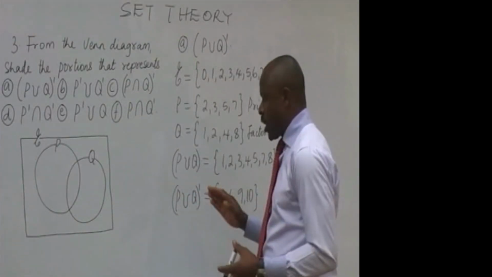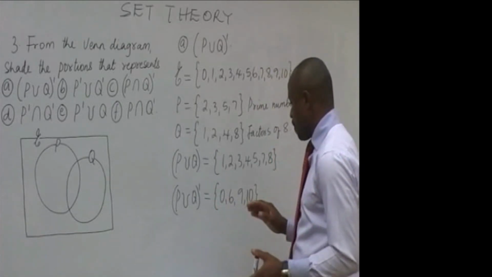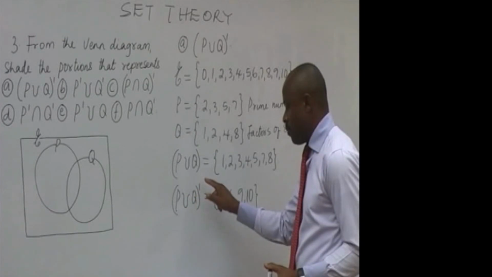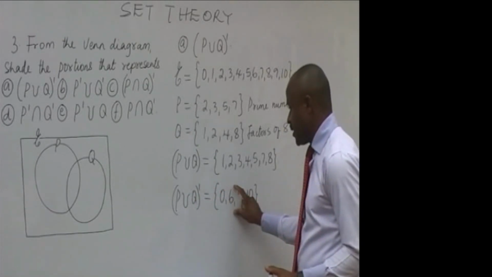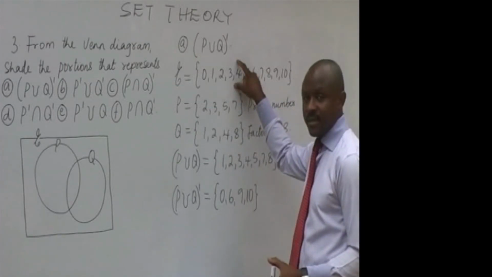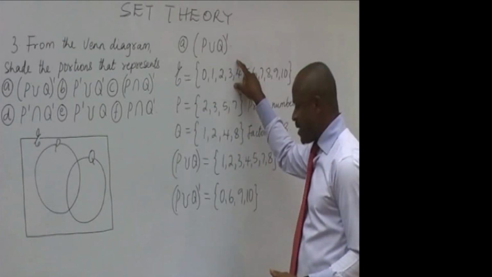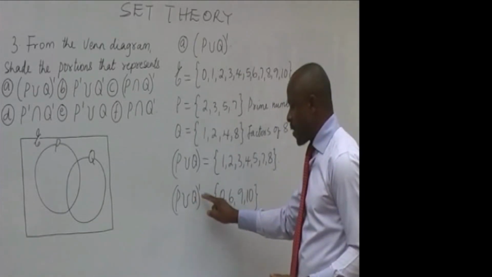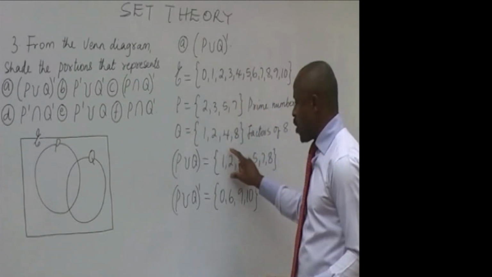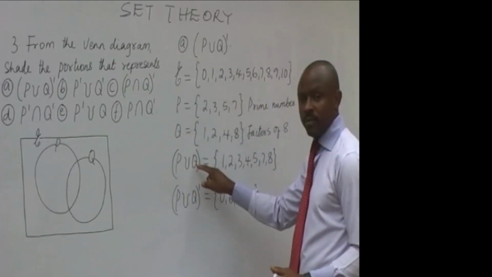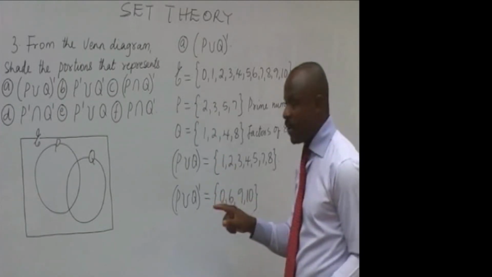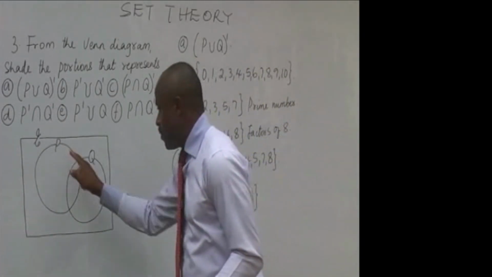If you look very closely now, you will discover that it is these members of P union Q prime that you need to add to P union Q to get the universal set. That means P union Q prime is the universal set minus P union Q. And what is P union Q?